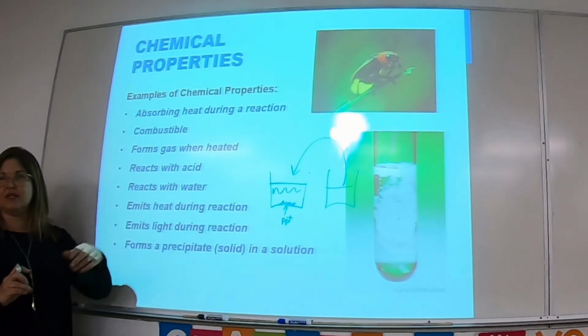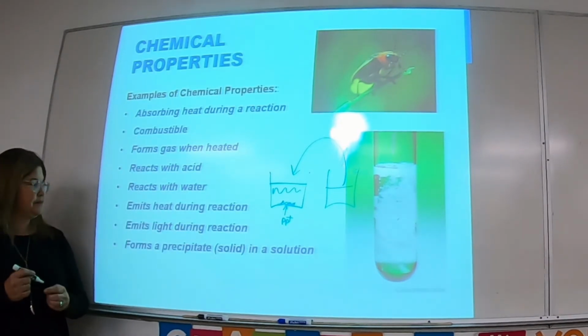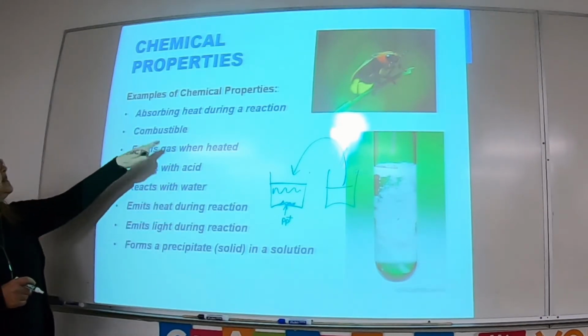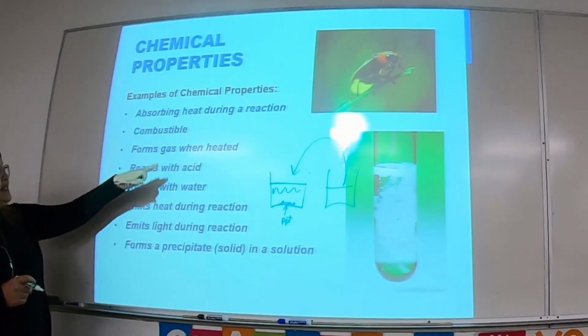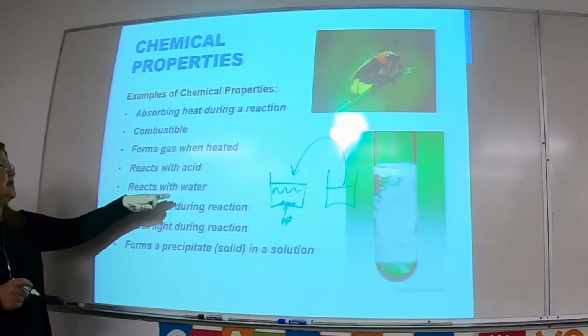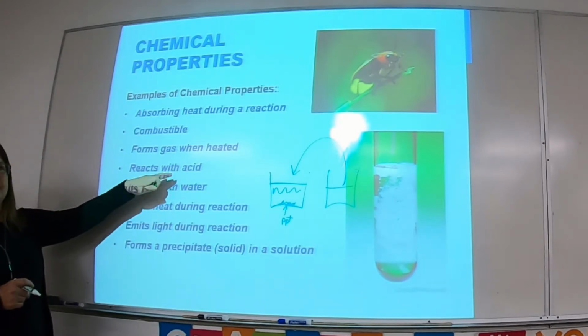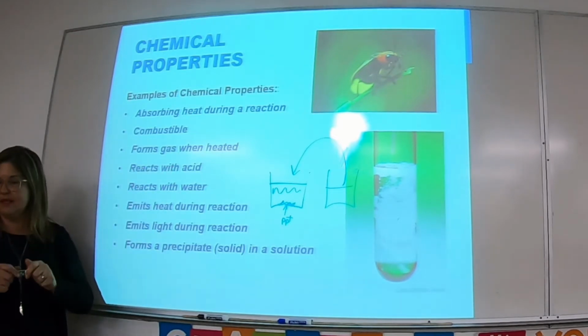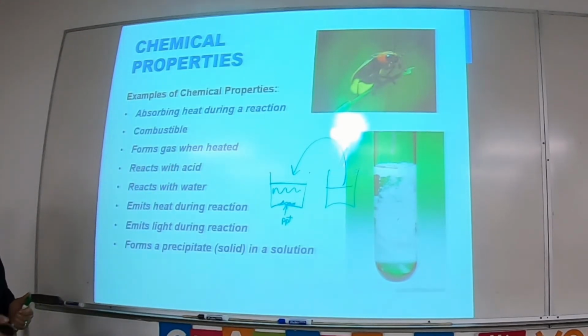And we'll look at that tomorrow as well. So forms a precipitate, gives off light, absorbs heat, releases heat, reacts with water, could react with an acid, forms a gas, is combustible, burns.